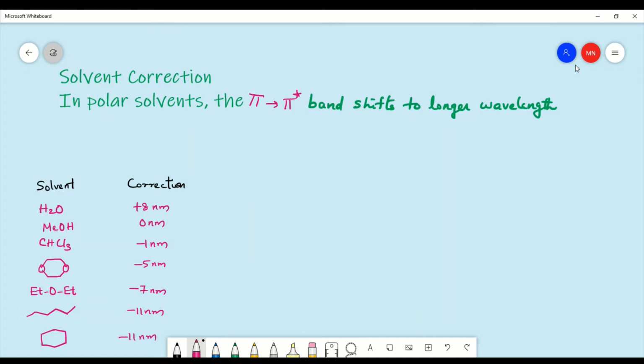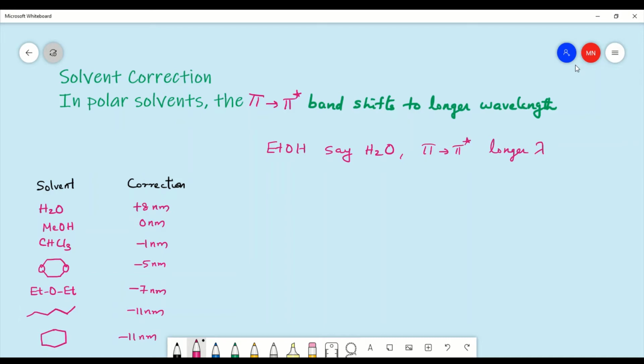Now we will discuss solvent correction in calculating lambda maximum. In polar solvents, that is solvents more polar than ethanol, suppose water as solvent, the observed pi to pi star band was shifted to longer wavelengths, longer lambda max, as compared to those observed in ethanol.